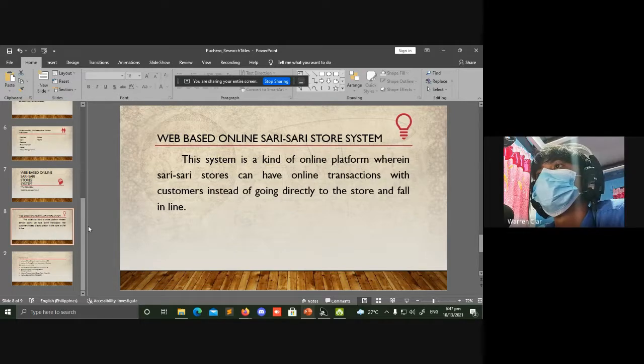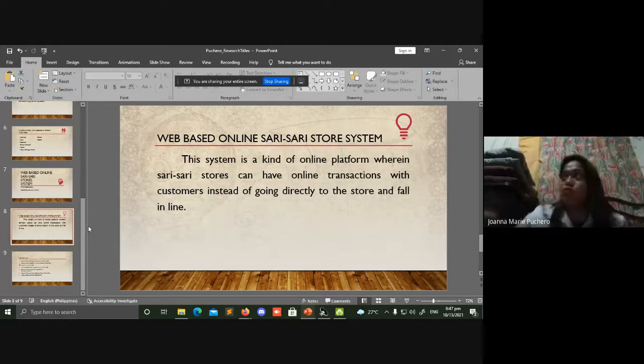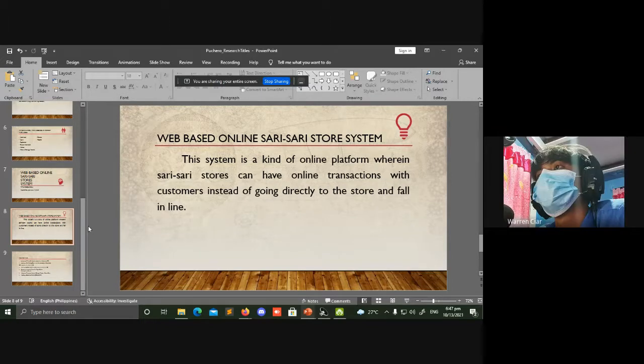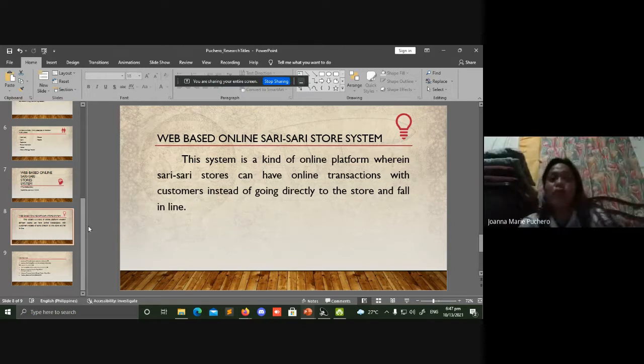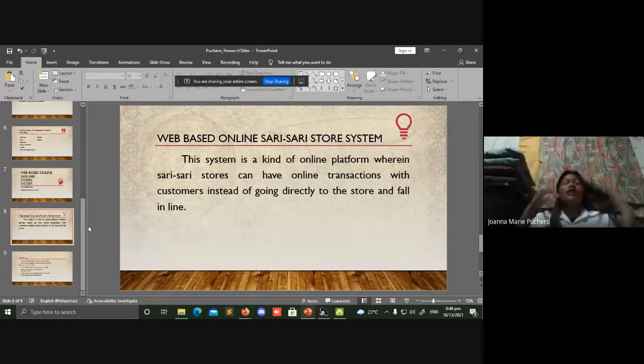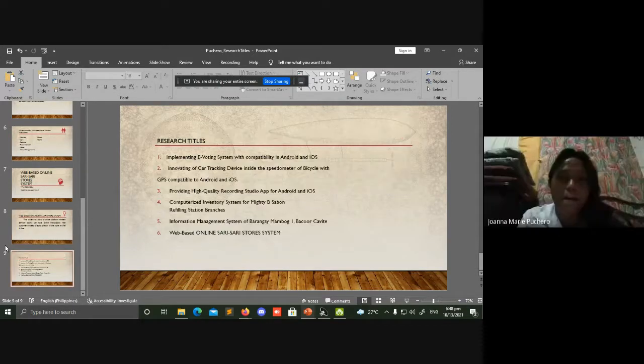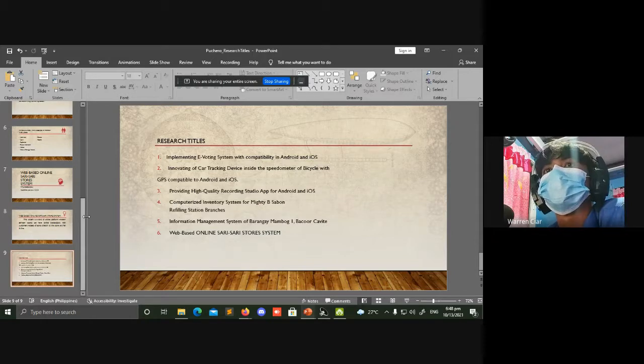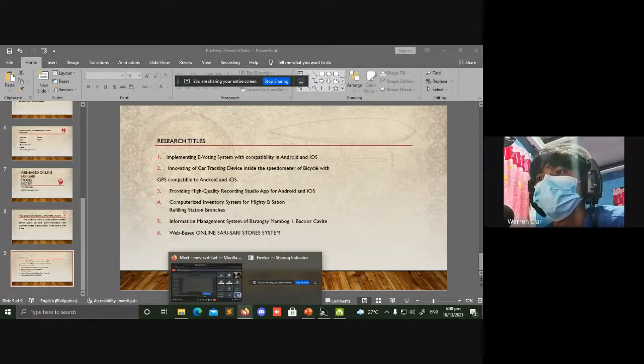It typically focuses on small villages or towns that have sari-sari stores. So instead of falling in line, you just go to their website and directly place an order. So you can have online transactions. That's all.